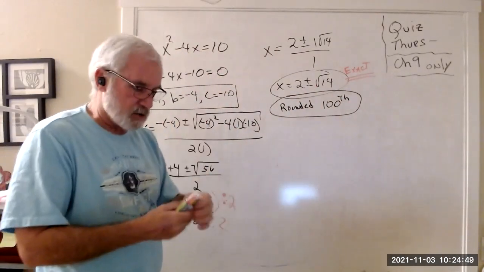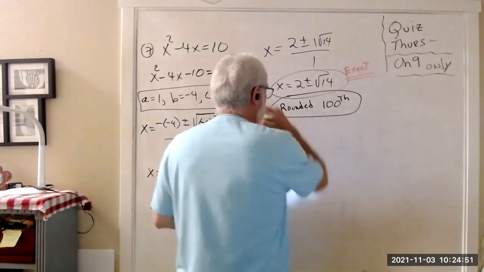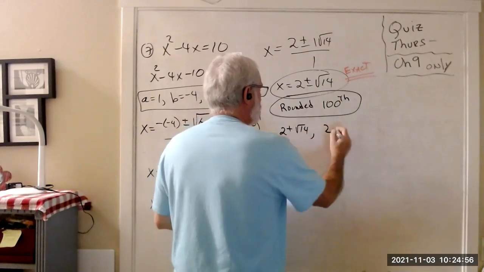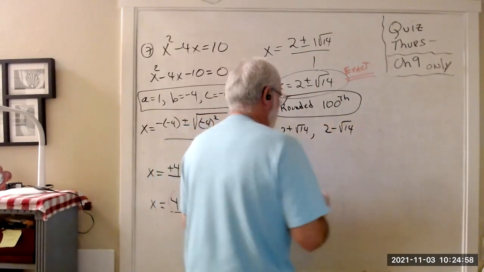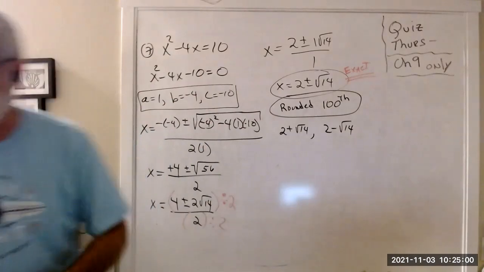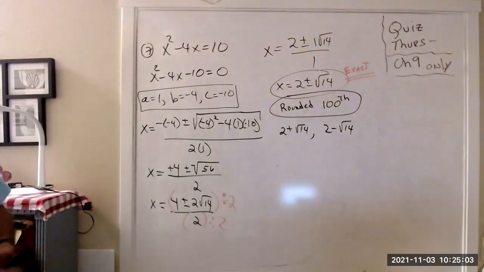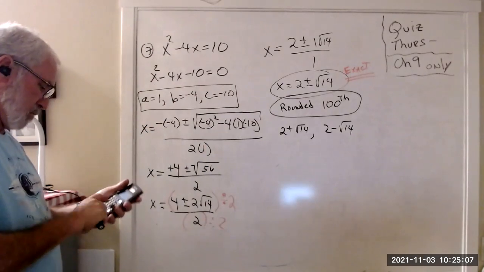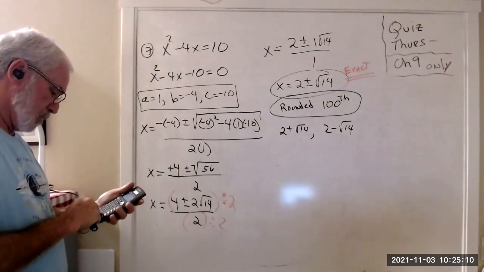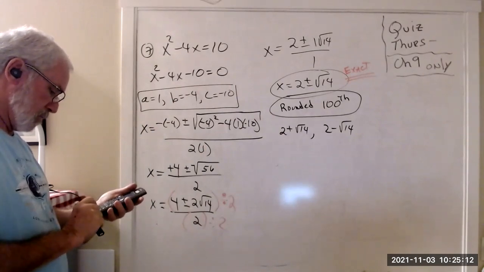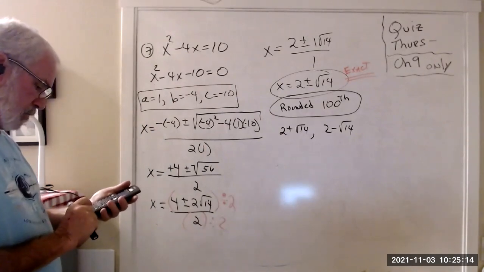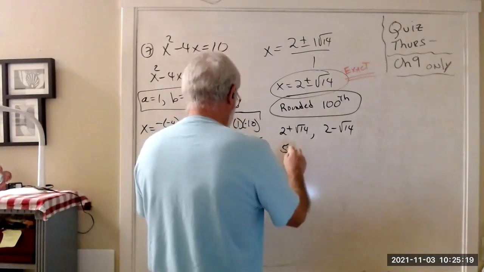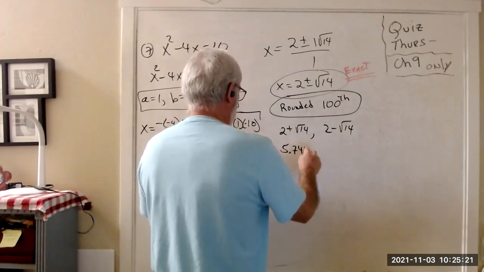Now, we talked last week about how to use your calculator. 2 plus the square root of 14 is one of your answers, and 2 minus the square root of 14 is another. See if you can get the decimal equivalent of those. And so I got 5.7416.